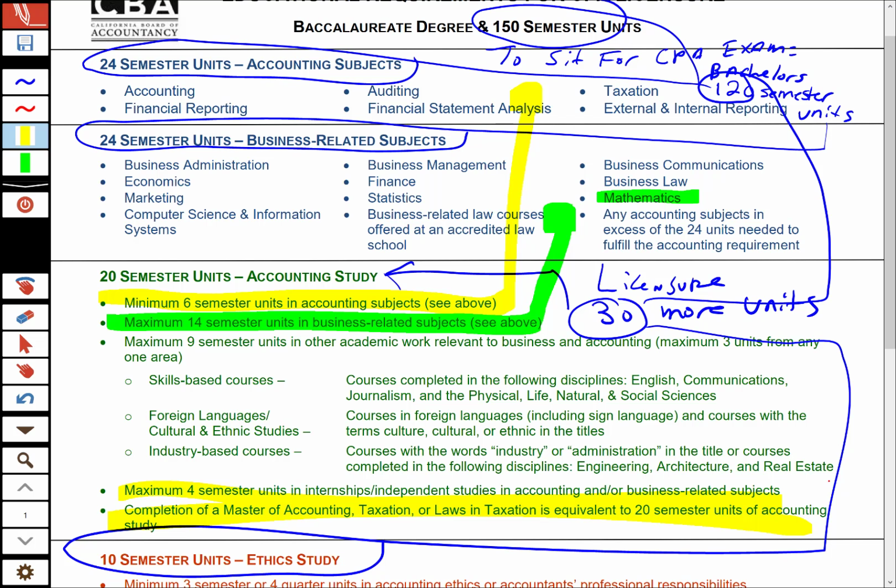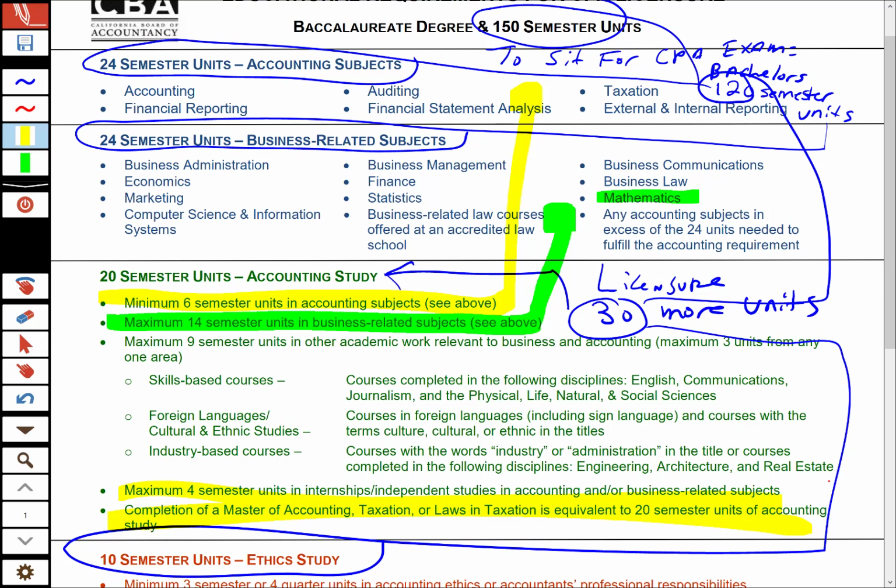By doing that, that allows you to use all of the accounting classes, all of the business classes that you'd be getting in your master's degree, for the sitting requirements, and you're automatically deemed to have met the additional 20 accounting. And if your undergraduate was in some other discipline, then you'd probably have the 150 units that you need, right? Okay, so they won't require you to get those additional 20 accounting if you're a master's student.